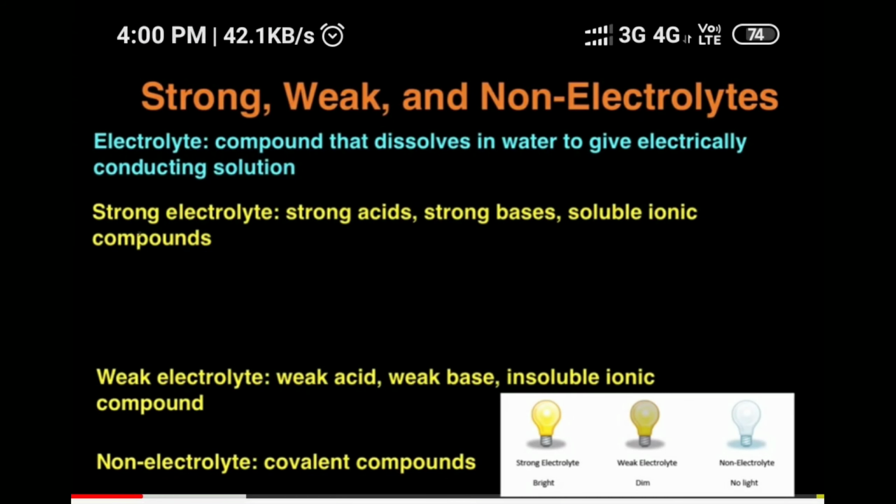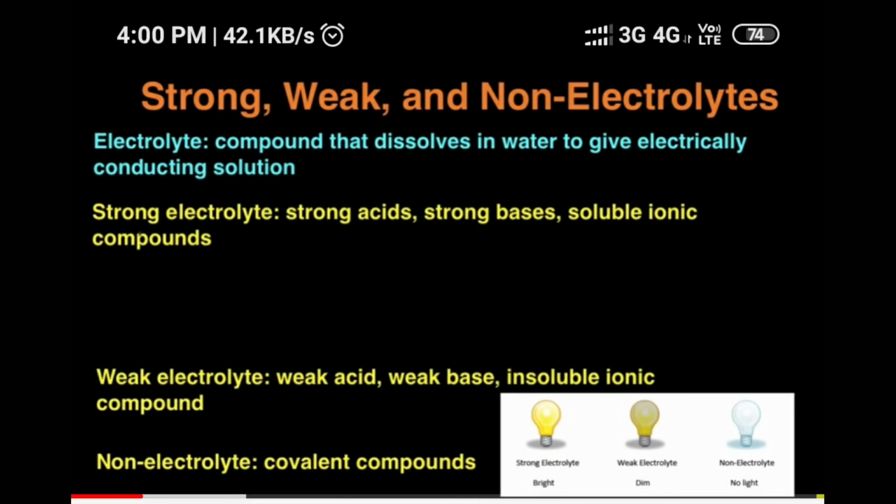There are two types of electrolytes, strong electrolytes and weak electrolytes. Strong electrolytes ionize completely or almost completely, for example strong acids, strong bases and salts. Weak electrolytes dissociate to a smaller extent in aqueous solution, for example weak acids and weak bases.